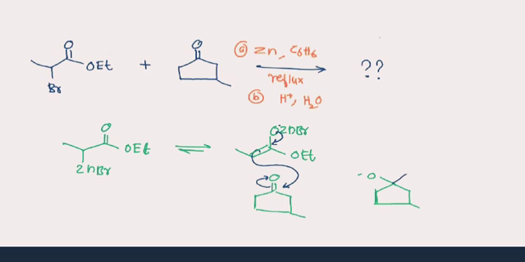This is the newly formed CC bond. The double bond will not come, right? The O becomes OH, then protonation is done, and then we have made the product. Okay, this is the product of this reaction.